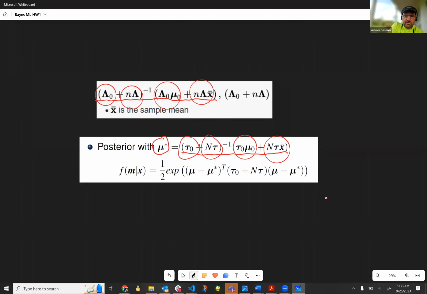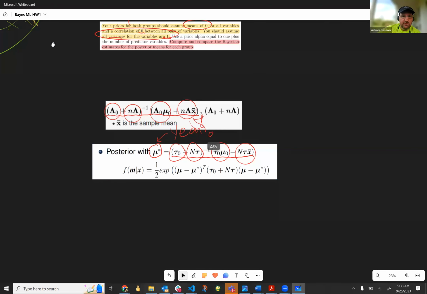Okay, so this is what we want to solve for. We finally got to the thing that we want to solve for in the question. The question is asking us, what's the posterior probability distribution estimate for the mean, right? In terms of the picture, let's go over that picture.